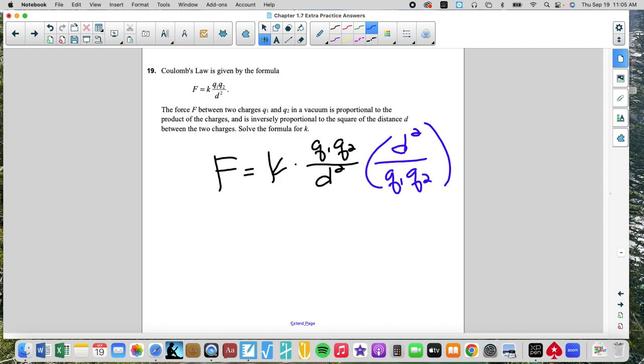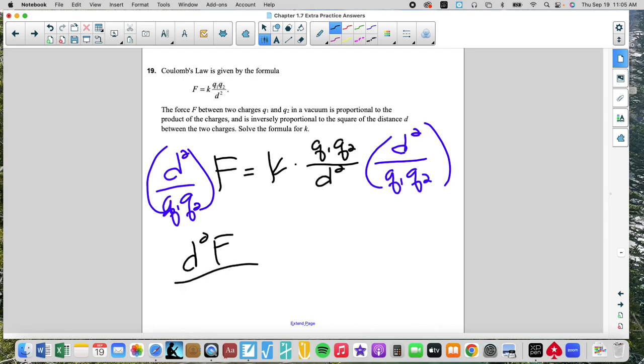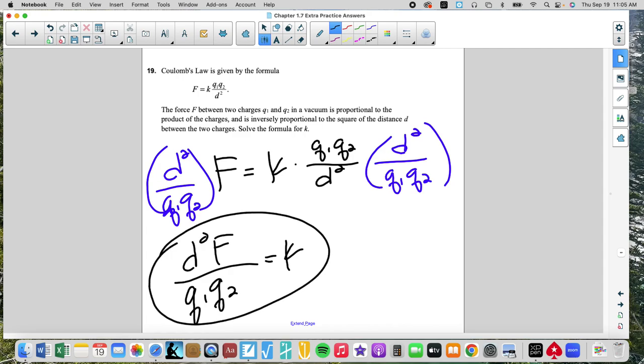That's going to get rid of everything. We do it to both sides. Sub is different than superscript and subscript. So that gives me d squared F divided by q sub 1, q sub 2 should equal k. That wasn't too hard.